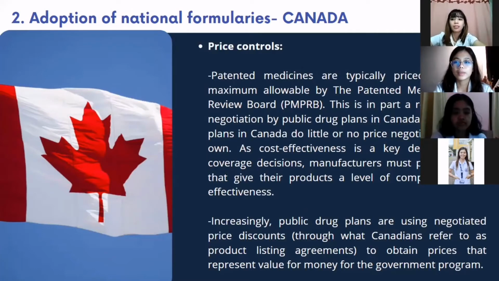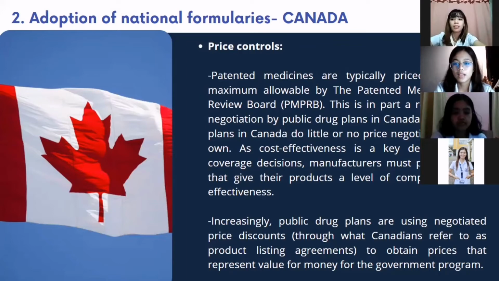Patented medicines are typically priced below the maximum allowable by the Patented Medicine Prices Review Board, or PMPRB. This is in part a result of price negotiation by public drug plans in Canada.